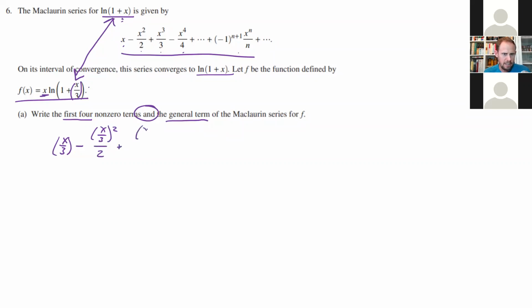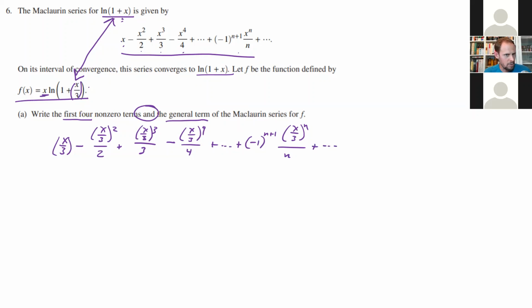And then we've got x over 3 cubed over 3 minus x over 3 to the 4th over 4 plus dot, dot, dot, plus negative 1 to the n plus 1 x over 3 to the n over n plus dot, dot, dot.